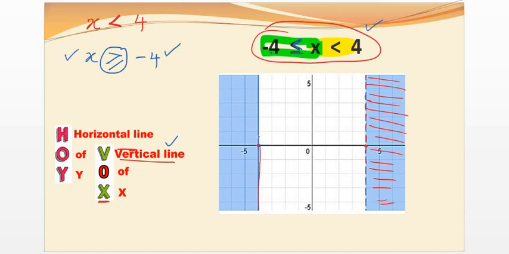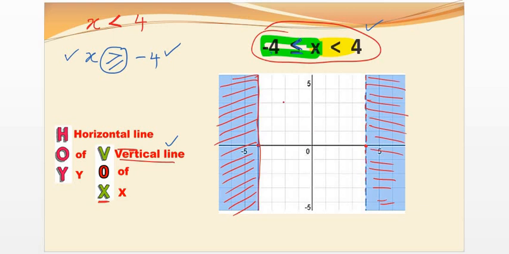Which area do I have to cross out? What are the values that I don't need? I need the values greater than negative 4, which are on the right side. So I do not need the region on the left side of this line. I will shade it, or cross out that region.